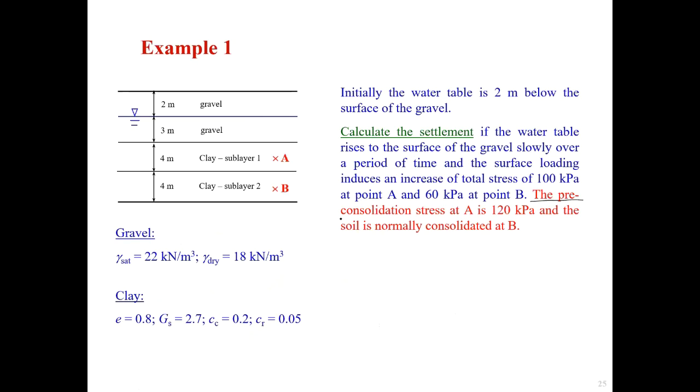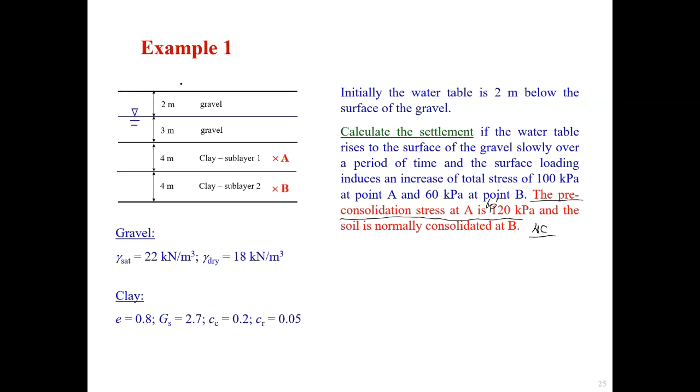So sigma P prime is already provided as 120 kPa, and the soil is normally consolidated at B. So that's the NC soil for B. Those are the two additional pieces of information compared to the initial conditions in lecture 9.